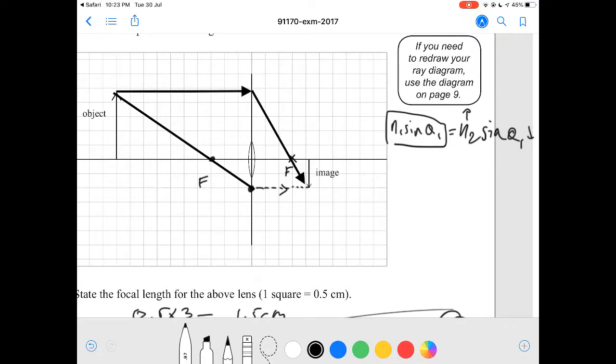Sorry, is this the sine of a low number? Sine of a smaller number does give you a small result. I'm sorry guys, just hold up, let me think this through. If it's N2 decreasing, then this whole thing will decrease, so our angle of refraction will decrease.